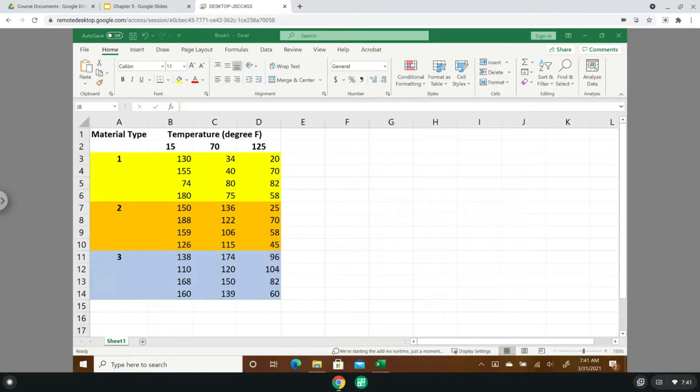Now, as you already know, you can use different statistical software to perform this analysis. For example, Minitab can do this easily. IBM SPSS, you can use JMP. There is another software called Design Expert.